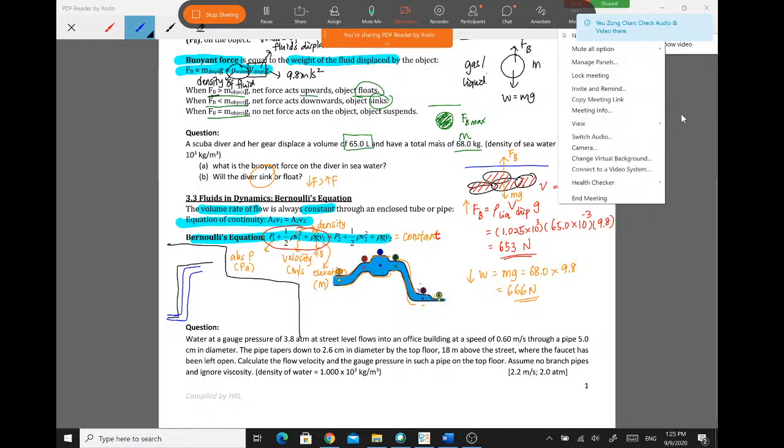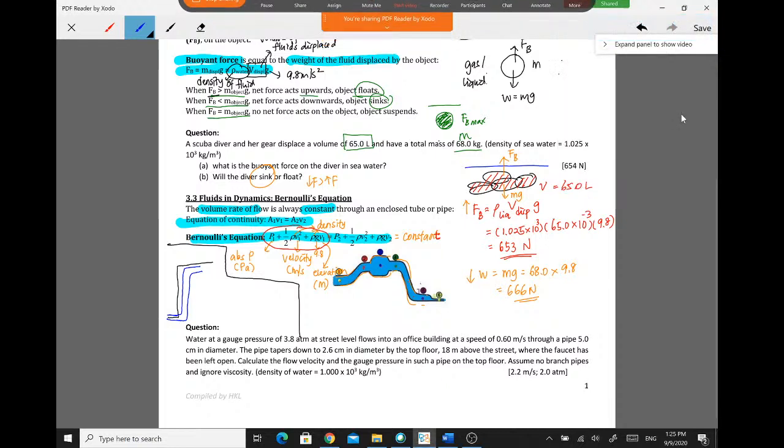Check audio and video. There is a setting where you can check the output of your speaker, because sometimes when we accidentally connect to another speaker like a Bluetooth speaker or your headphone, it does not change back to the original setting.